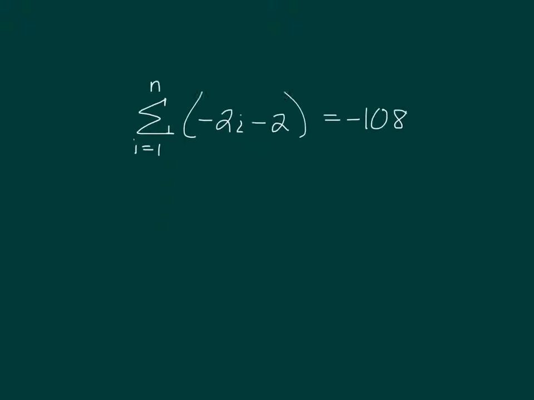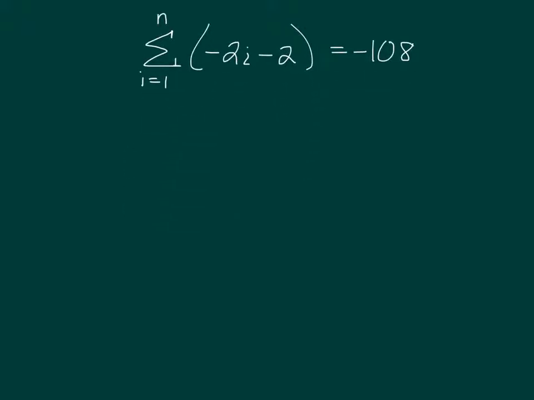From the previous worksheet, we have the sum as i goes from 1 to n of -2i minus 2 is -108. This is the question we had at the beginning of class. You are told to determine the number of terms here. You know that the sum of those terms is -108. That's this.